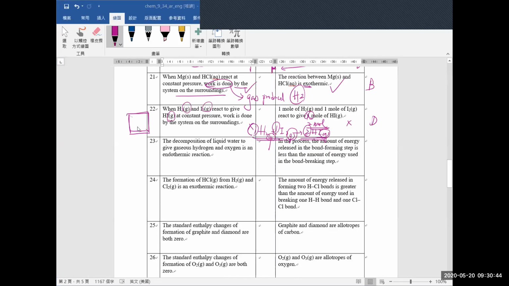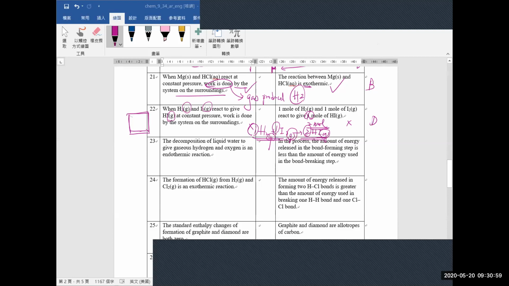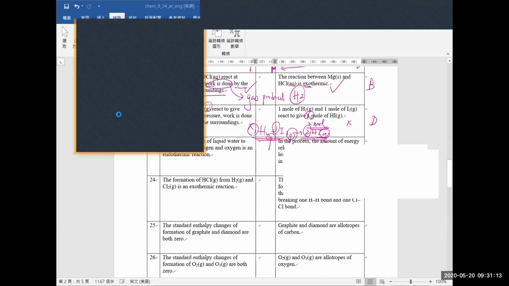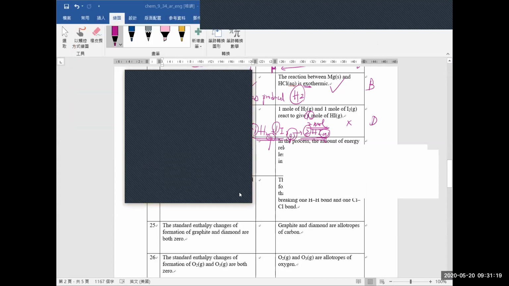So what is the change in the number of moles of the gas? Can you get my point? Is it contraction of the system or the expansion of the system? Yes, no change.